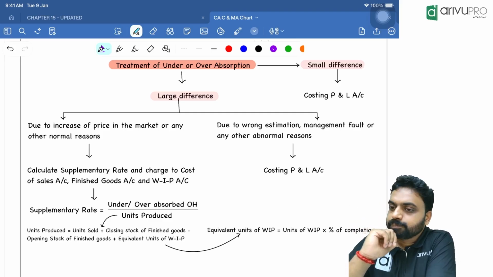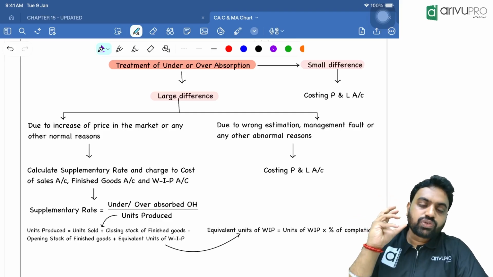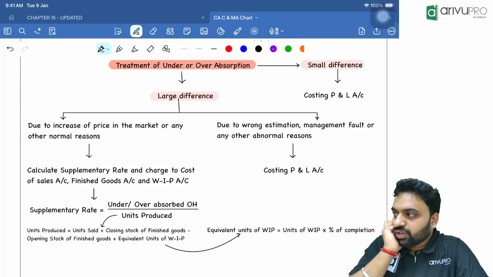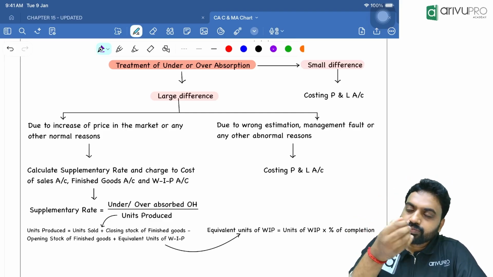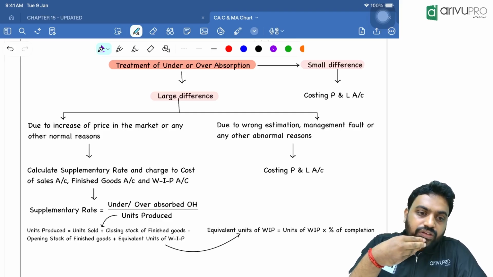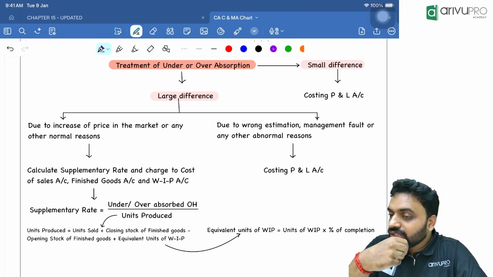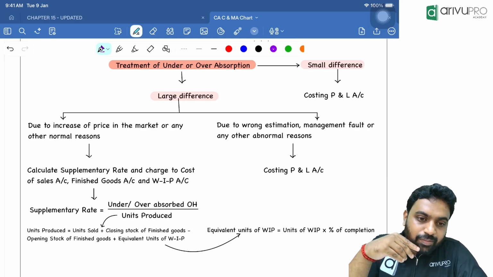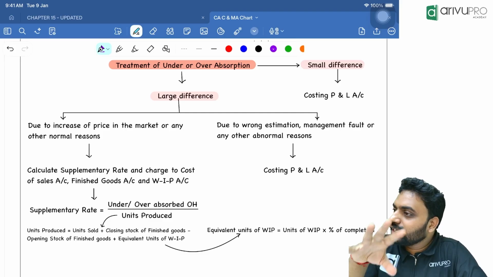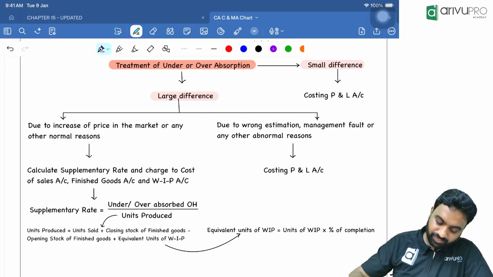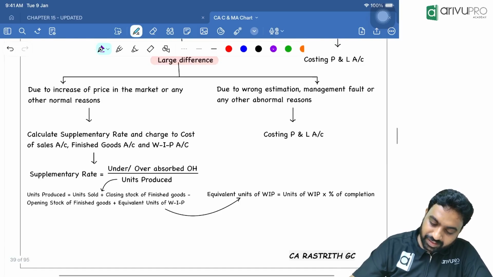I repeat again: cost of goods sold will be there in the cost of sales account, cost of finished goods will be there in the finished goods account, cost of closing WIP will be there in the WIP account. Accordingly, you have to give adjustment to these things. Okay? How, sir? Listen, guys, how to calculate supplementary rate.